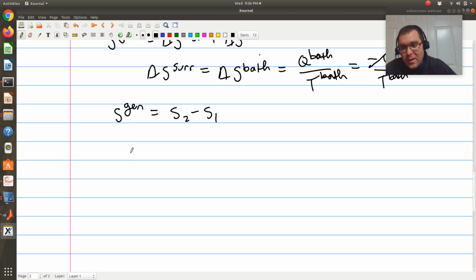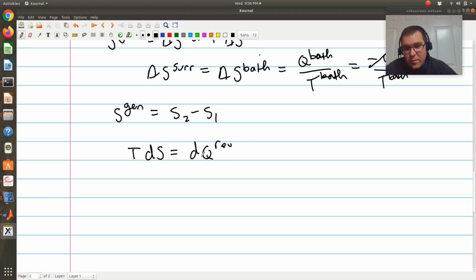If I want to get S2 minus S1, I go back to my definition of entropy and write it as TdS is equal to dq reversible. Usually dS is dq reversible over T, but we'll keep it at this for now.